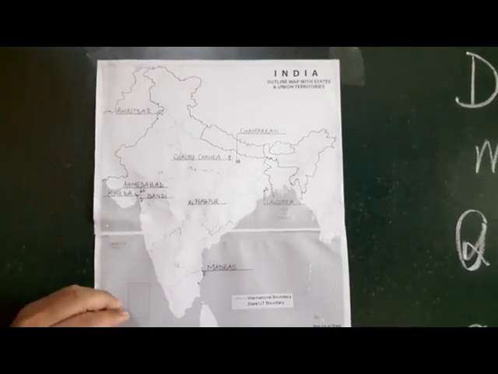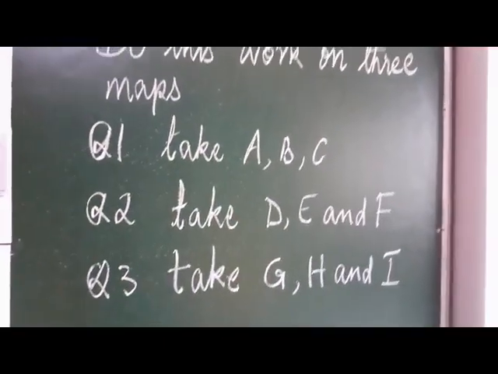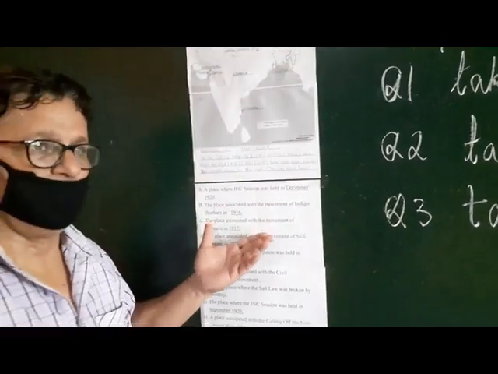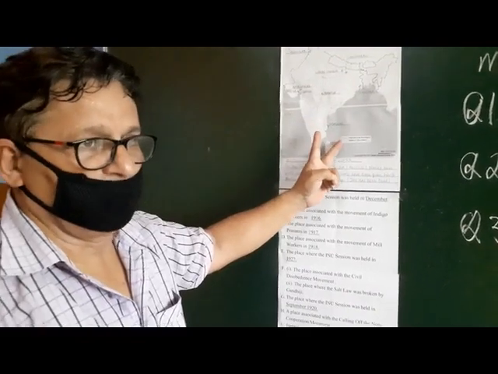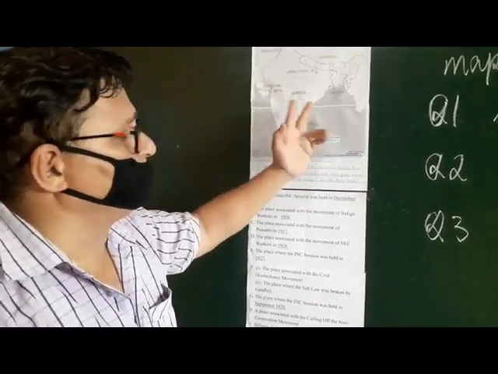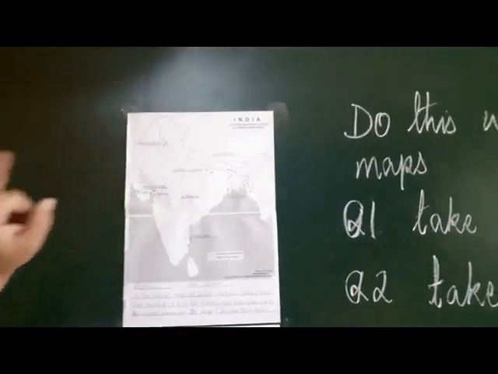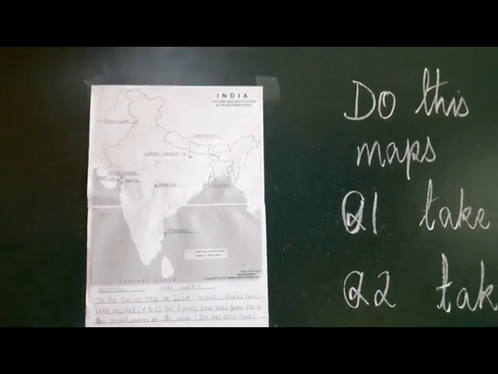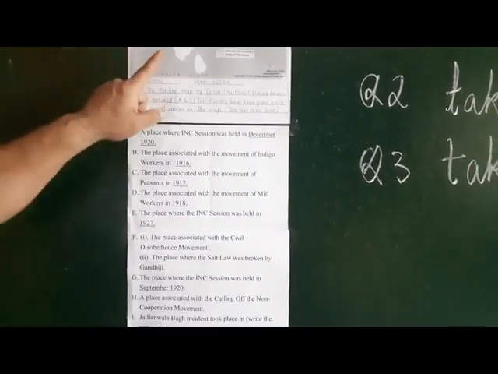After which you can divide it into industries, places growing different kinds of crops, places where different minerals are mined. That depends. But basically we have 2 kinds of maps, physical and political. So here you have got a political map of India, because you have to get the state and write the name where the event took place. You can only do that with a political map.